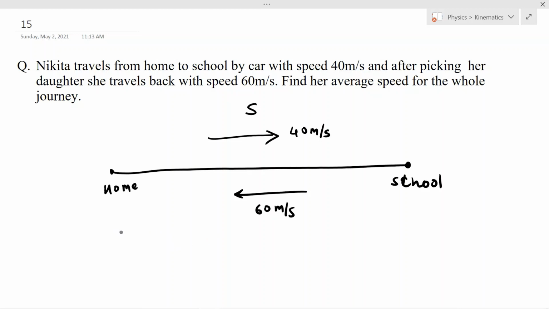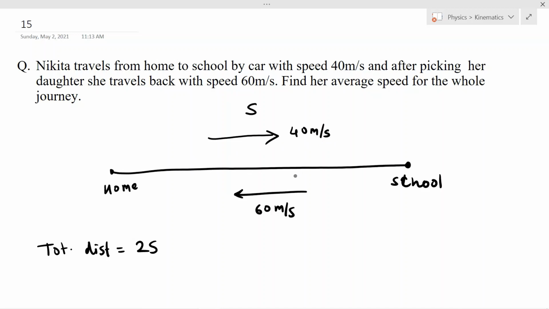So now what will be the total distance covered? The total distance covered will be 2s because she traveled to school and back again to home. So that will be 2s. This is the total distance. Now what is the total time? While going, she covers s distance with 40 meter per second speed.